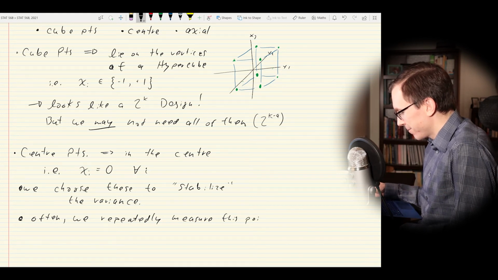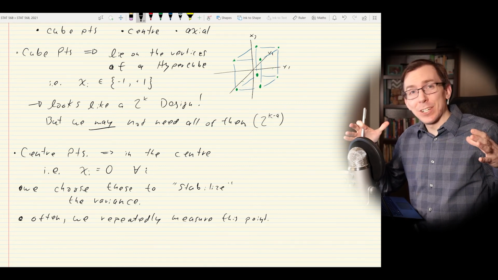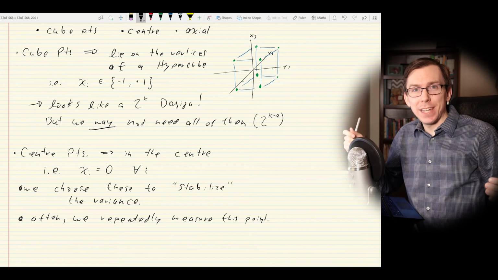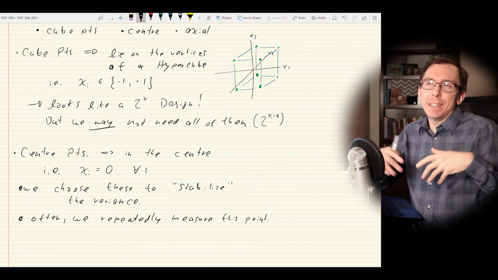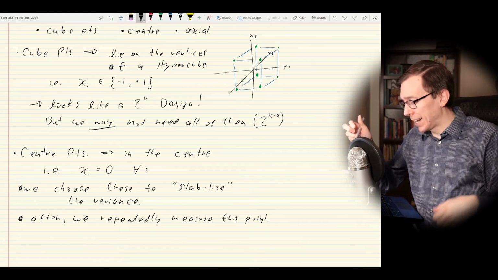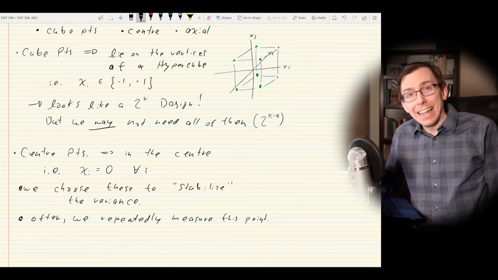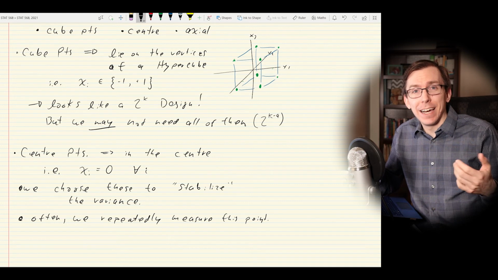So unlike in just about all the designs we've looked at so far, where we just have a specific setting for our factors and we sample it once, and maybe if we replicate the design, then we sample everything a second time or a third time, in this case, we're going to replicate that center point 2, 3, 4, maybe 5 times.